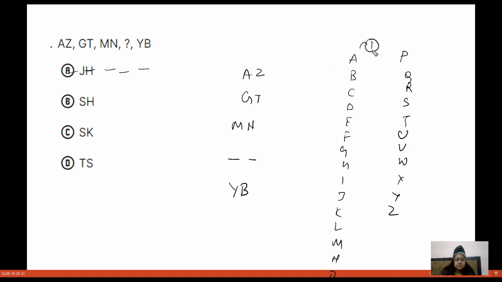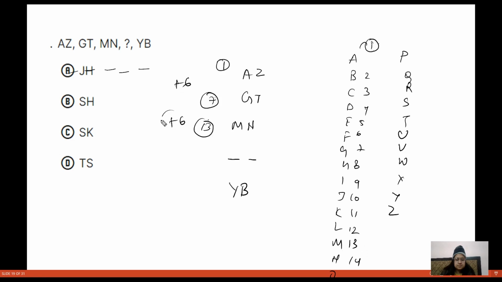Okay, so A is 1 and this is 7 and then you have M. So 1, 2, 3, 4, 5, 6, 7, 8, 9, 10, 11, 12, 13, 14. So M is 13. So plus 6 we are having, so I think now we will be having 19. Now what is 19?